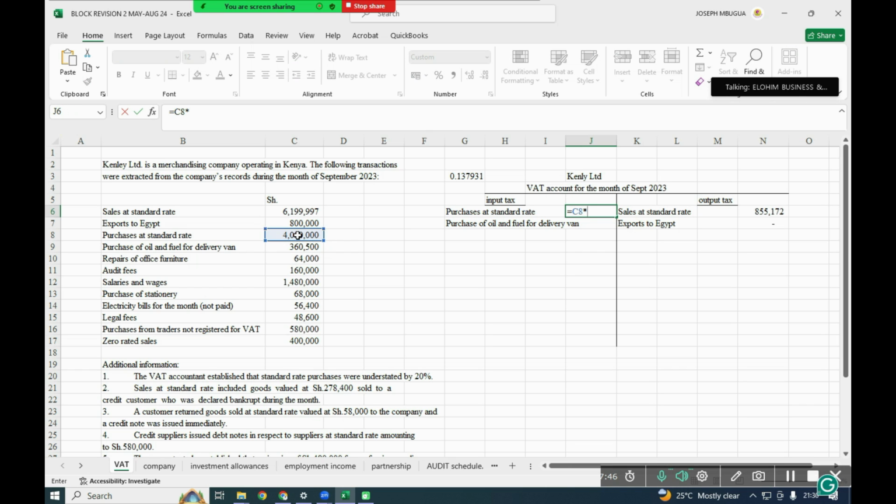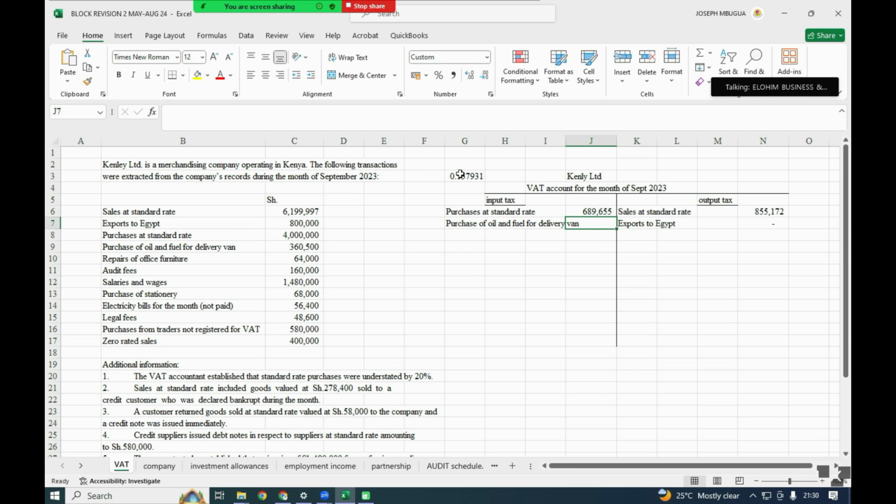We multiply by 100 over 80, because it was understated by 20, and 100 is the actual value. So we take 100 over 80, and then multiply by our VAT, to have 689,655.